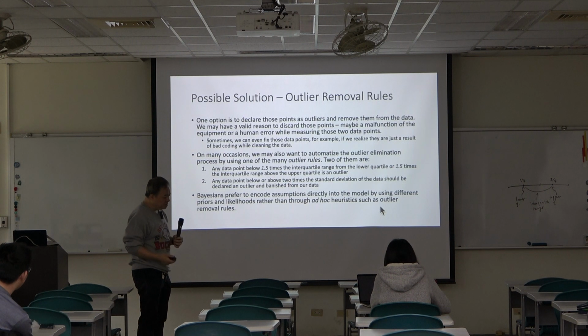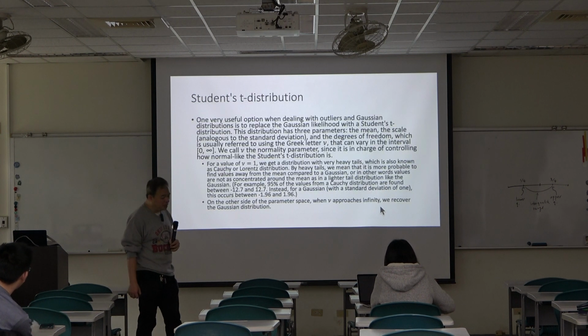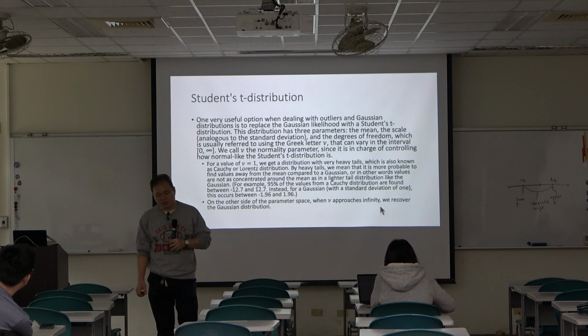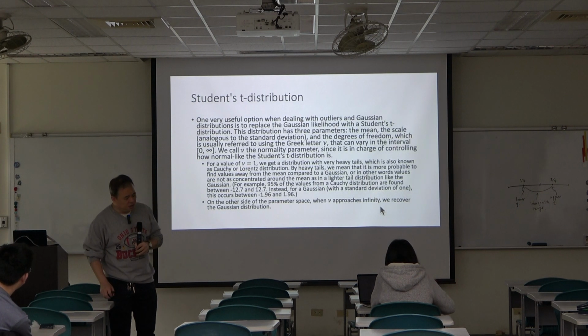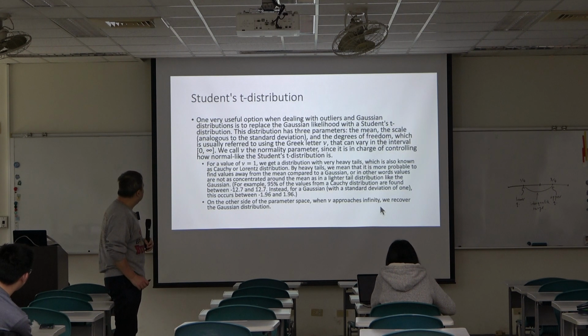So the following is the solution we could use when we see more outliers in the data set. Basically, we can replace the Gaussian model by what we call the student t distribution.